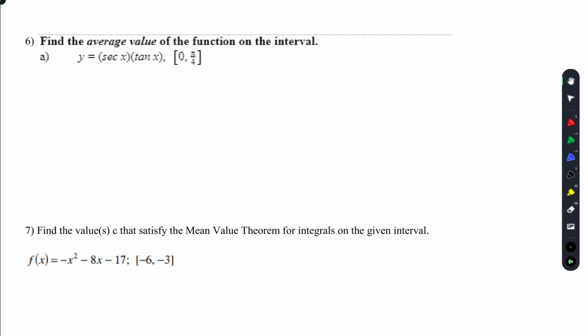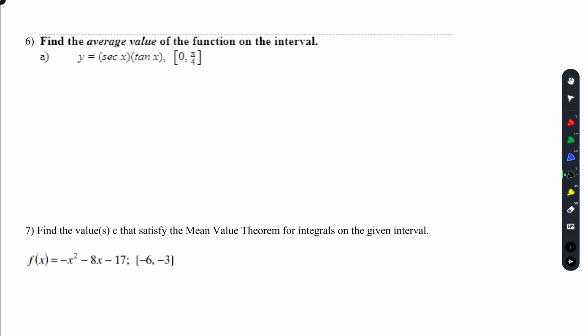Average value. These aren't that bad. Do you remember the antiderivative of this? You need the average value of the function. It's not asking average rate of change. That's the key, you have to figure out the difference. Average value means you put that equation into the integral formula.